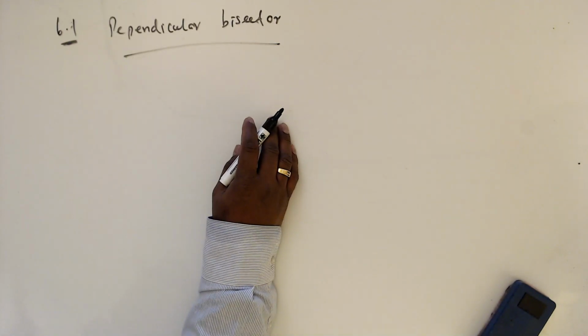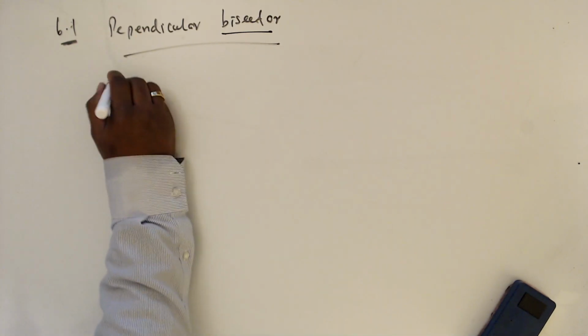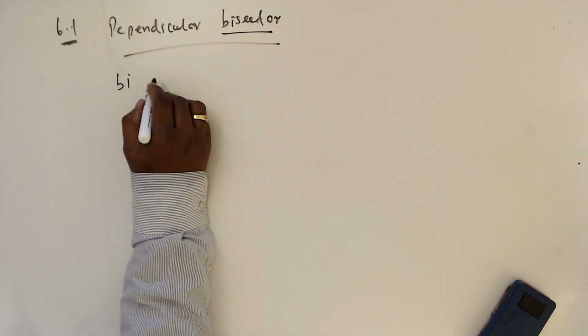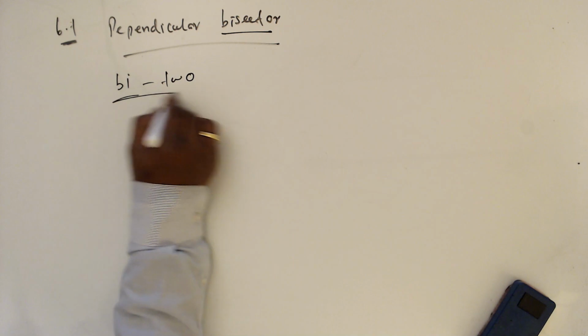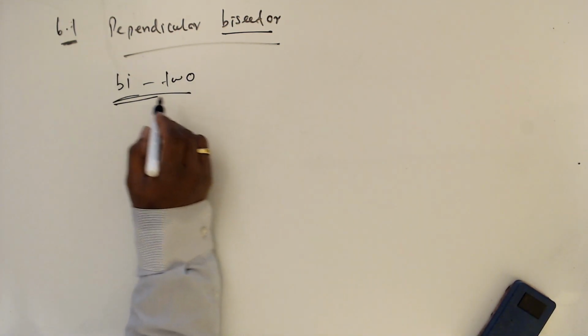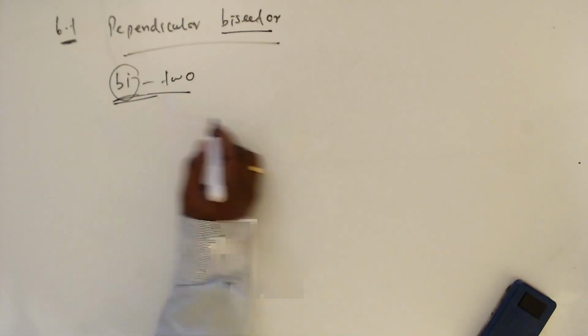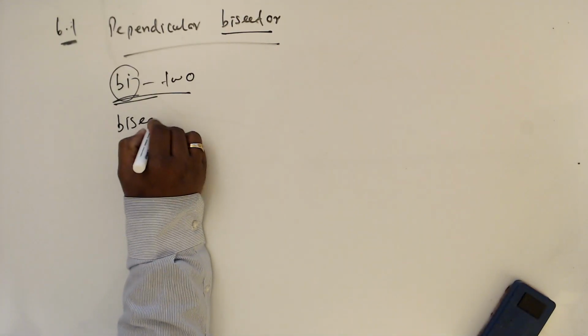6.1 perpendicular bisector. Now what is a bisector? Bi means two. Bicycle, two cycles, two wheels, and bi means two.